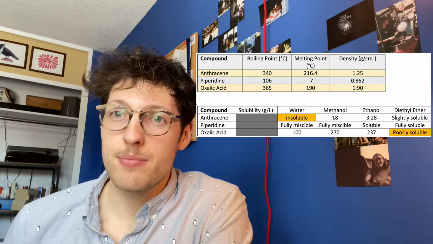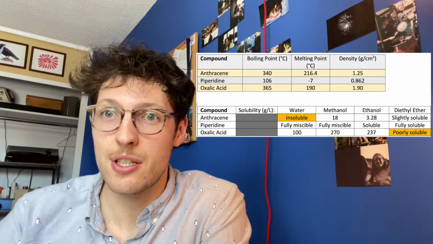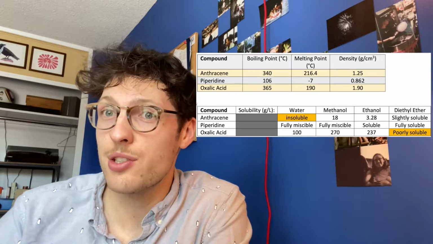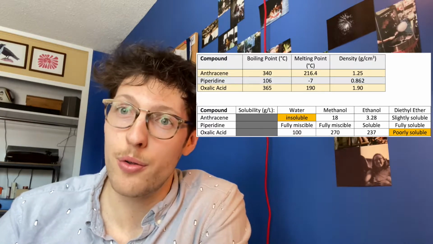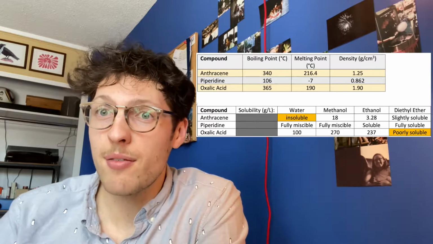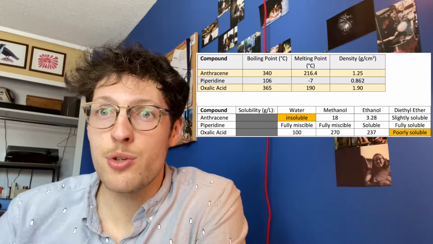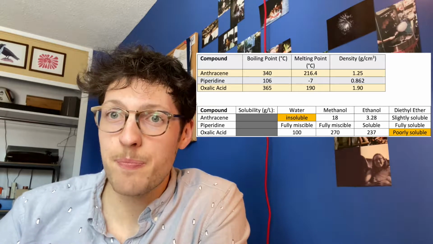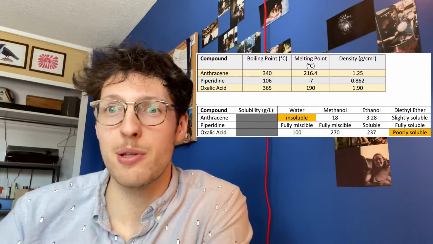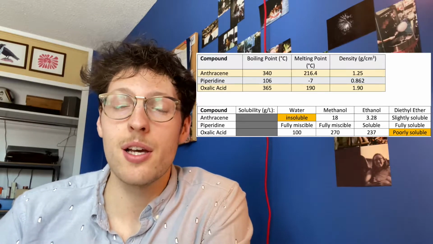So with piperidine, anthracene and oxalic acid, if we had a solvent that we could dissolve all three in, with a boiling point perhaps above 100 degrees, then you might be able to do a distillation in which you could boil off one of the three. The lowest one being piperidine, that would be the one you would boil off and have condense into another beaker.